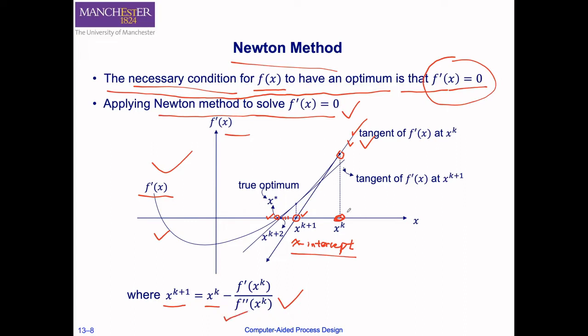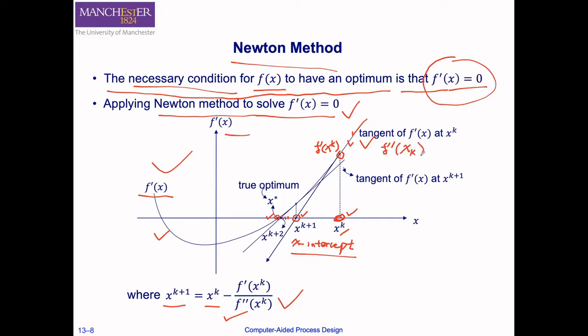Let's assume the current approximation to the root is xk. Then the function value at this xk is equal to f prime xk. As we mentioned, at this point, we will use the tangent line to approximate the function f prime x.